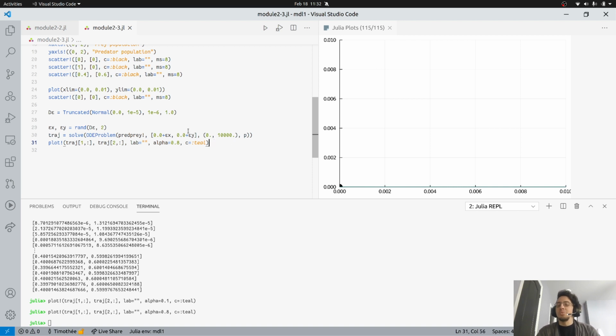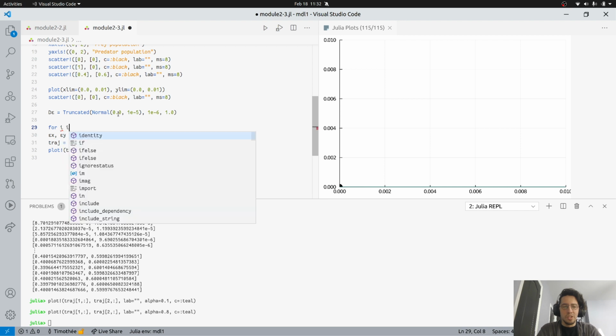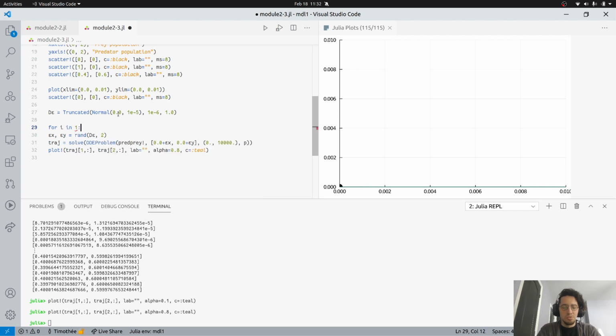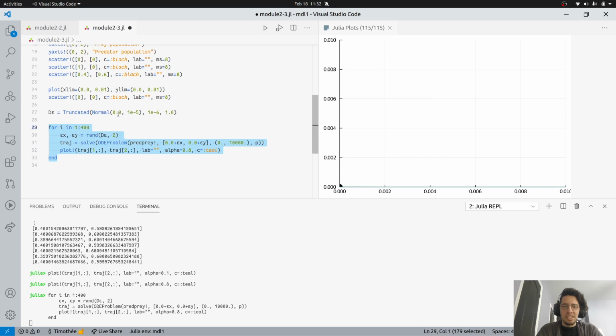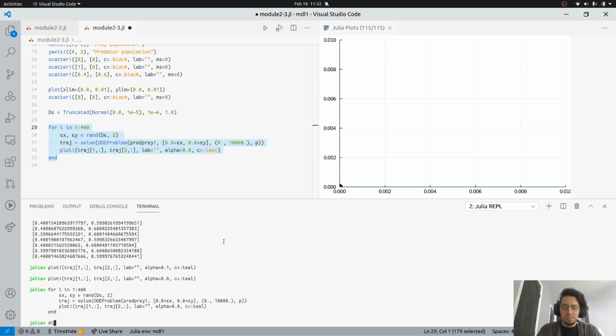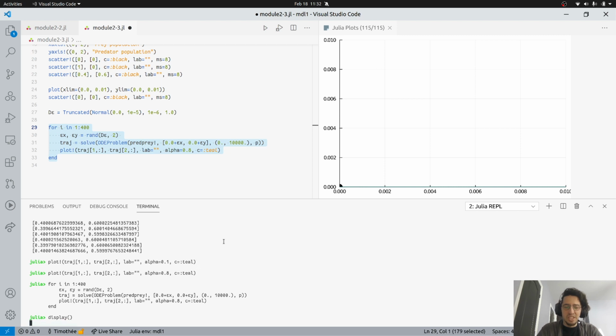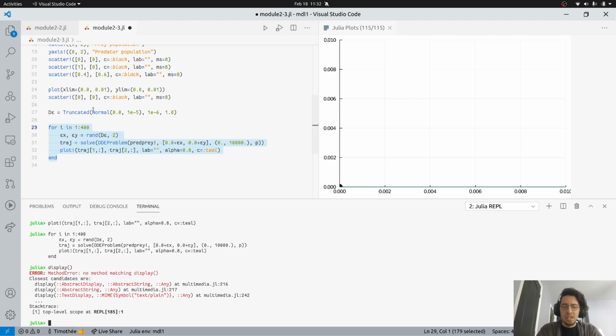So let's try to see what happens if we use a lot of different random variables here. We could do for i in 1 to, we'll do like 400. We're going to take the random value here, and we are going to do the same thing, which is add them to the plot. I think the command is display to look at the plot.